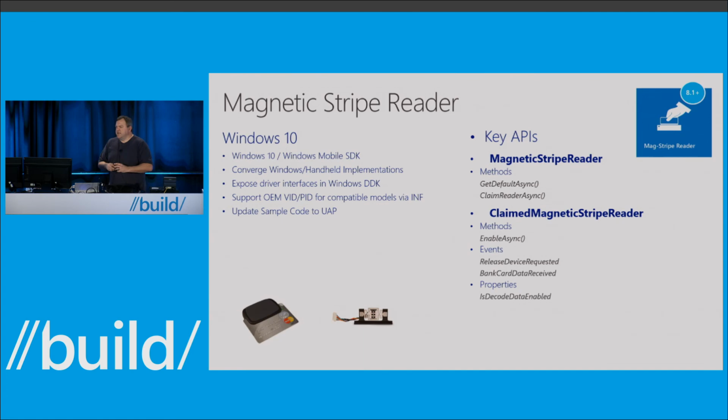What that means is that OEMs will be able to take a base INF file that we have and set their VID-PIDs on it and have that Mag Stripe reader recognized by the system and recognized by us as the default, as a MagTek or an ID Tech or an OEM specific implementation of the Mag Stripe reader.